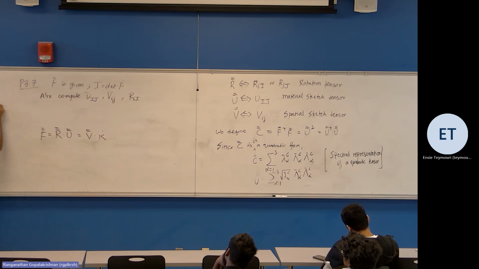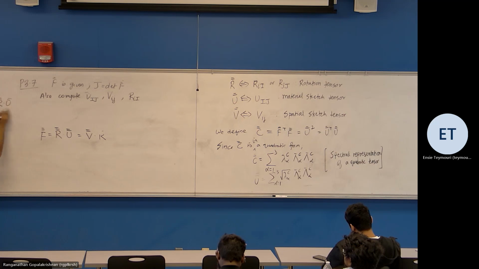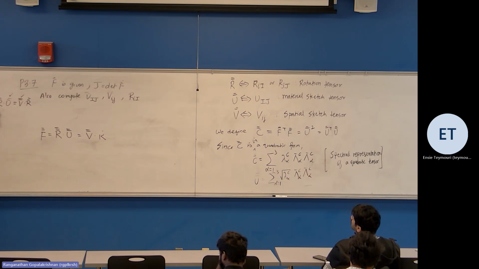So I'm going to rewrite this here. F is equal to RU, which is also equal to VR. We just saw how to get U. We are going to next see how to get V, and using that we are going to see how to get R. All right.